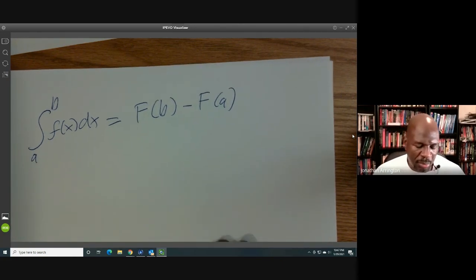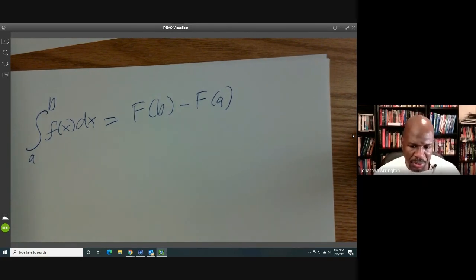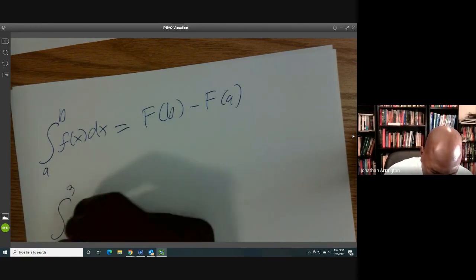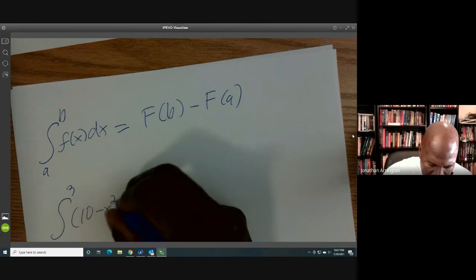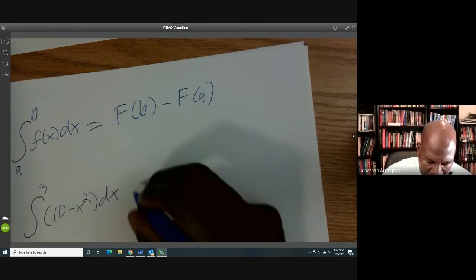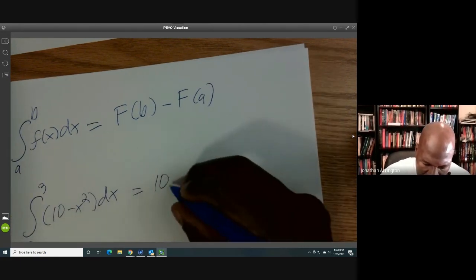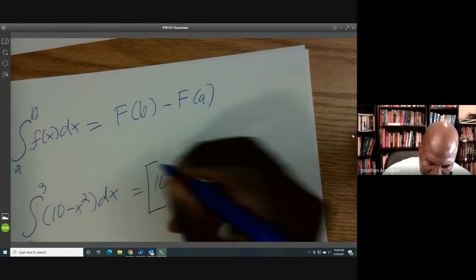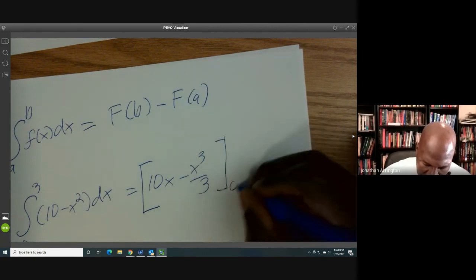And if we take this approach, and again, when I was showing this it was in the context of area under the curve. If I take this approach to find the area under the function I called f of x, the integral from 0 to 3, which for all this time I've been claiming is 21, well, if we actually integrate from 0 to 3, 10 minus x squared dx, we'll get 10x minus x cubed over 3, to be evaluated from 0 to 3.